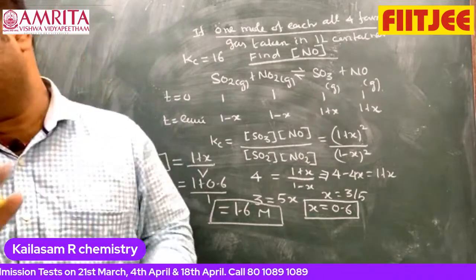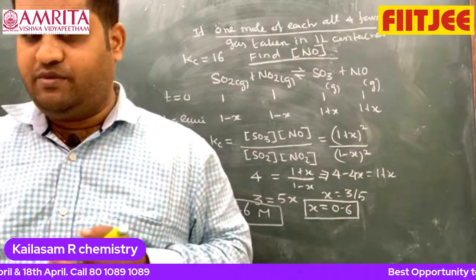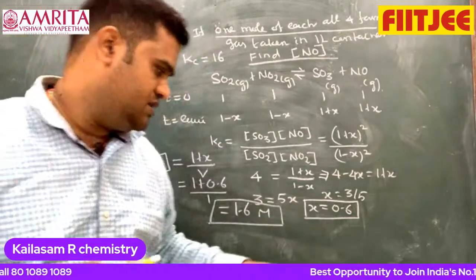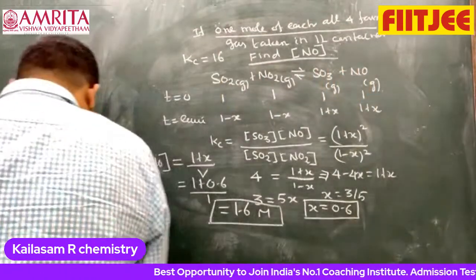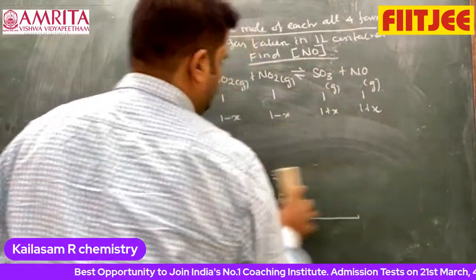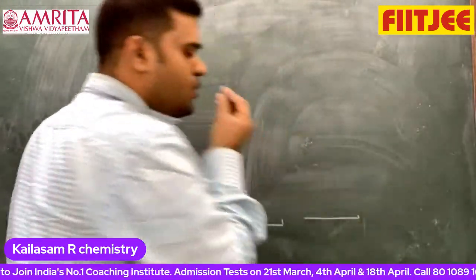Now, next one. Now, can we go for the next question? It will be giving more and more confidence. Look at this. Now, the next question is, I want to write and explain.